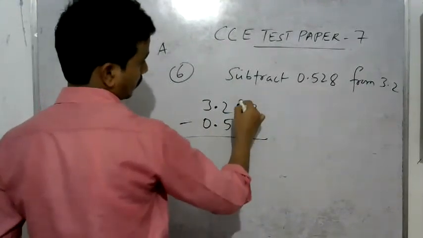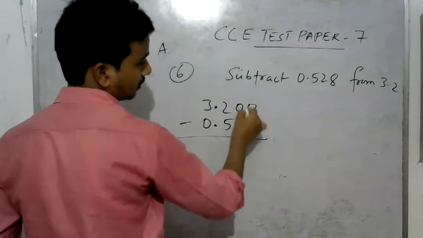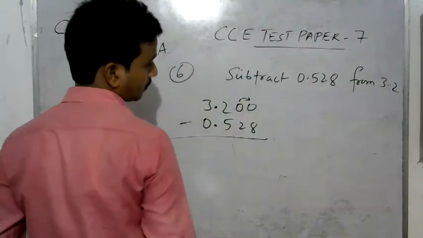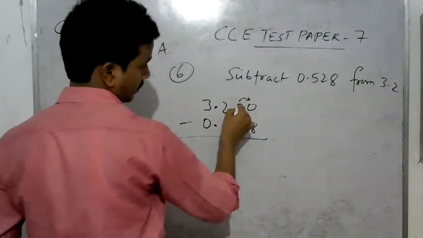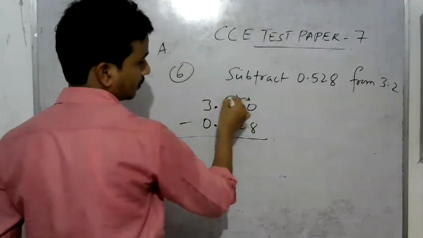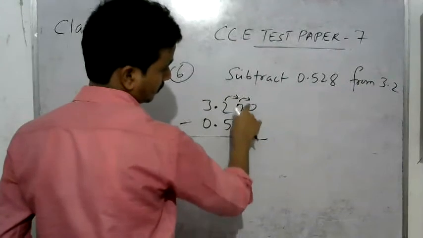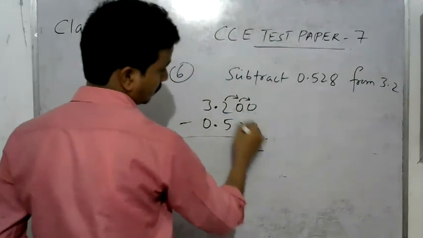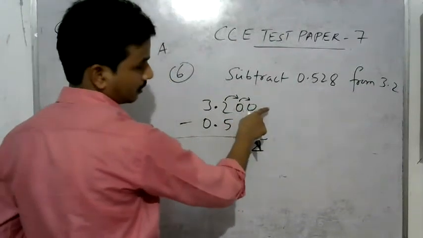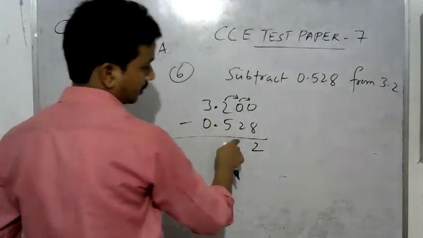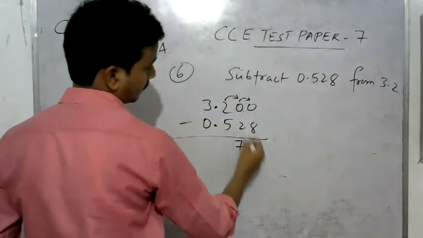So 8 cannot be subtracted from 0, so we will take 1 carry from here, but it has nothing, so this will take 1 carry from here, it will become 10, and now it will give 1 to this, it will become 10. 10 minus 8 is 2. Now it has given 1 to this one, it will become 9, and 9 minus 2 is 7.